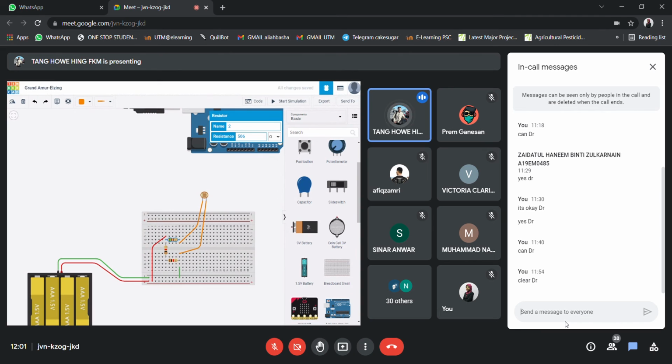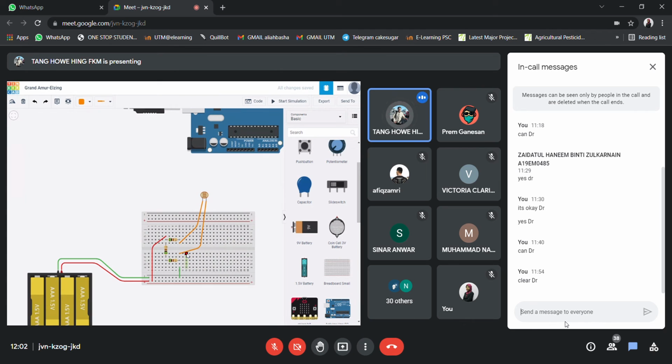Okay, and in fact it's very rare to have a 506 ohm resistor. I think I'll just use a standard resistance, 500 ohm. So this is another 500 ohm, and this is also 500 ohm.